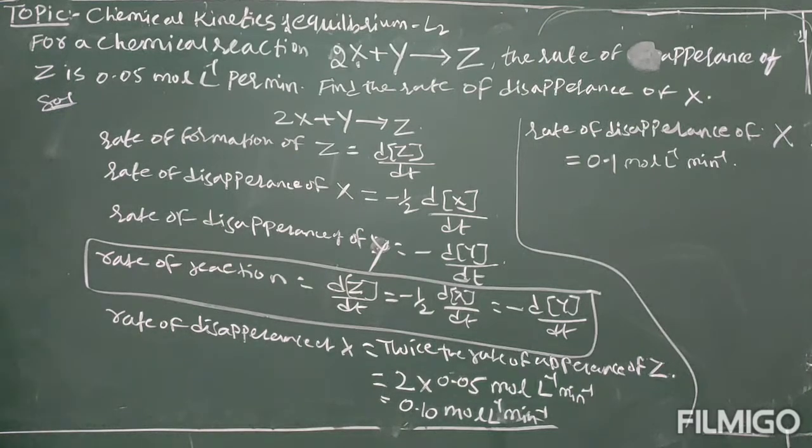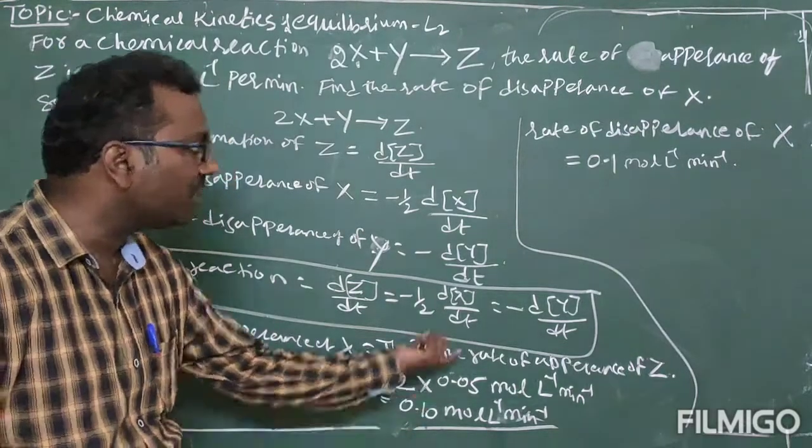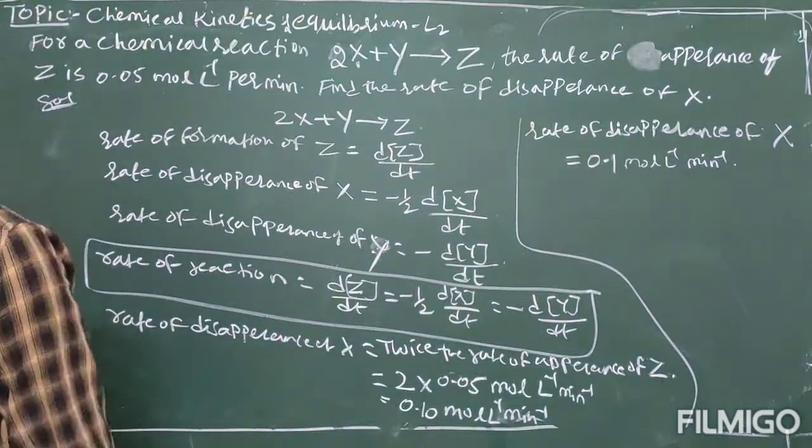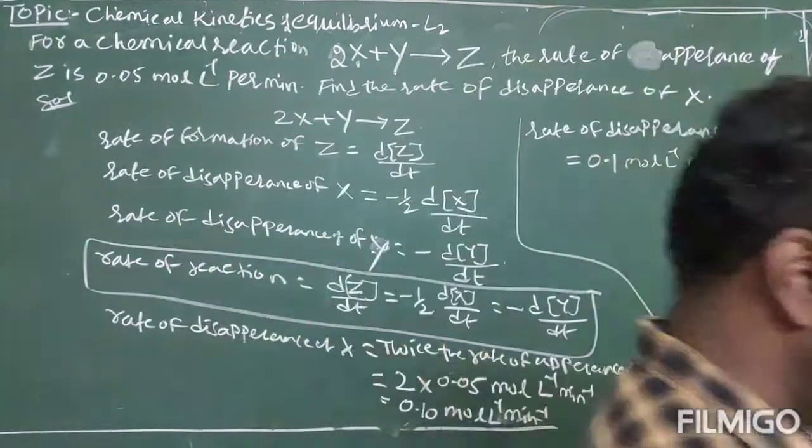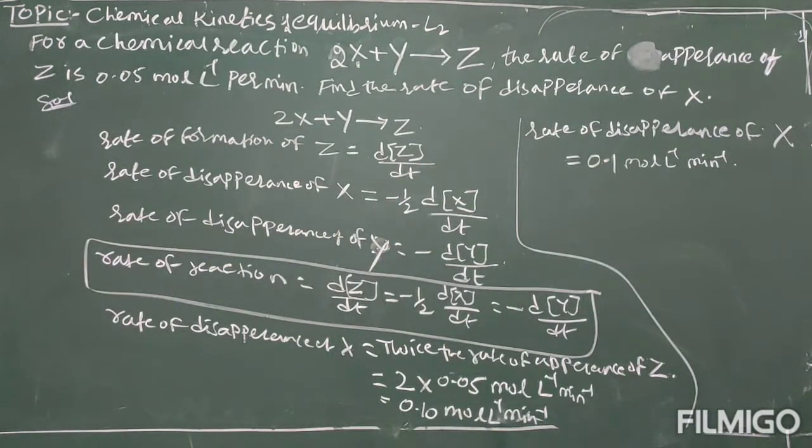Is it clear? So you have to develop the relation and then substitute the values. That's all. Nothing more than that is required for us. Hope you have understood very clearly.